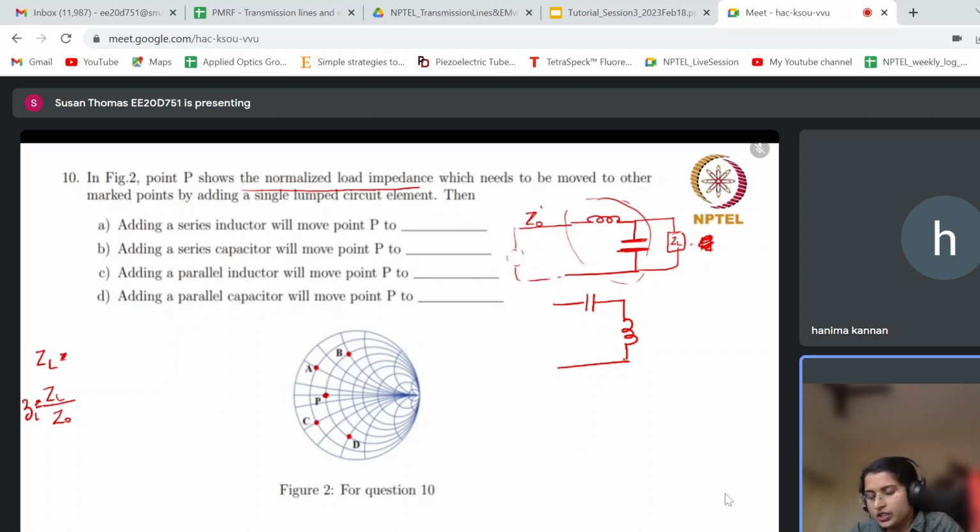So this question is based on impedance matching from the Smith chart. As you have already seen the video lectures on the Smith chart, you try to plot a load impedance. How do you plot a load impedance? If any impedance is given to you, you do a normalization first.